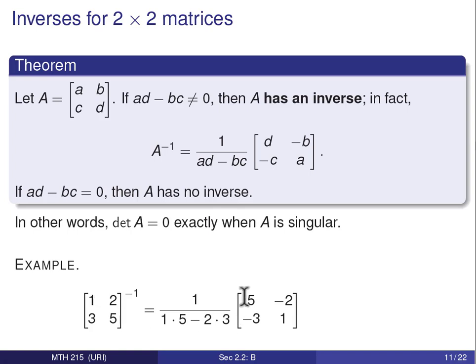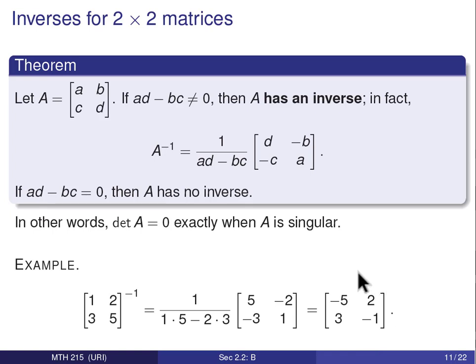1 and 5 trade places. 2 and 3 stay where they are, but they get changes in their sign. So 5, -2, -3, 1. This fraction in the front is 1 over -1. So -1 is the value of that fraction, and when I multiply that scalar through this matrix, the entries turn into -5, +2, +3, -1.